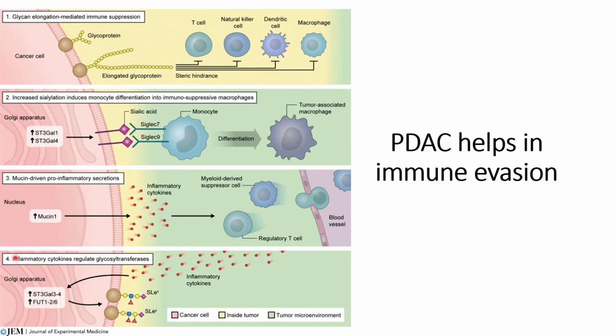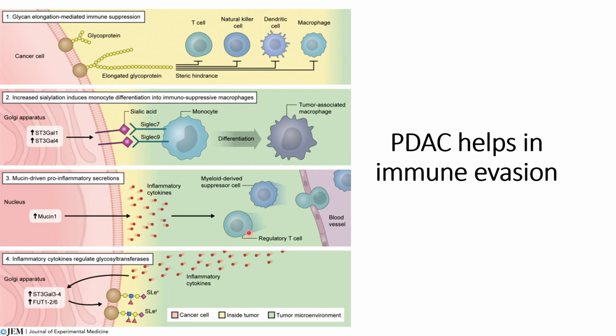The next thing is kind of the reverse of step 3. In this case, the tumor microenvironment that has been formed will release some cytokines that will lead to the upregulation of ST3GAL4, FUT1, and ST6, and this will lead to the overexpression of Lewis antigens such as sialyl Lewis X and sialyl Lewis Y. These can interact with the receptors present on the immune cells and help in suppressing the immune response against the cancerous cells.